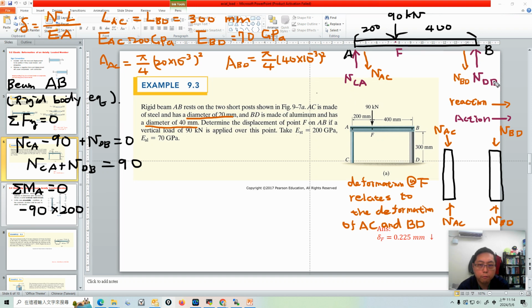N_DB will create a counterclockwise rotation, so it's positive, N_DB times 600, equal to 0. Based on this, we will have N_DB. Be careful with the unit here: kilonewton times millimeter on both sides, so N_DB is in kilonewton.